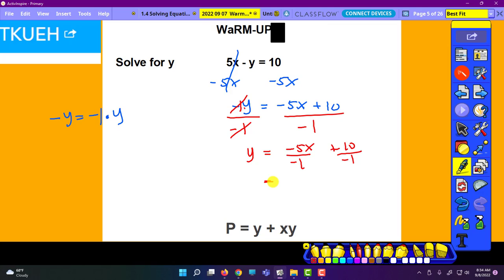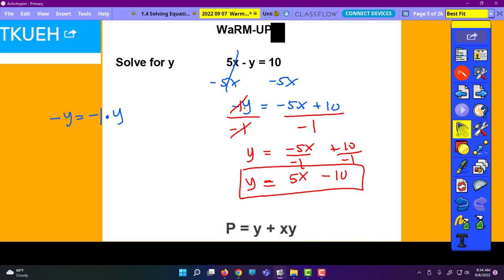So negative 5 over negative 1 is positive 5. And then 10 over negative 1 will give you a negative 10. So your y here is equal to y equals 5x minus 10.